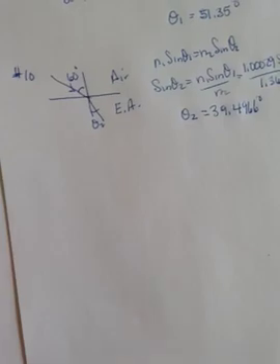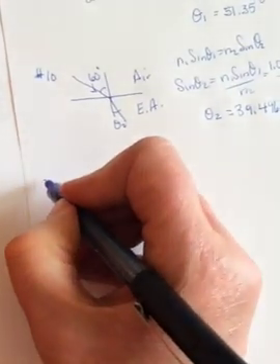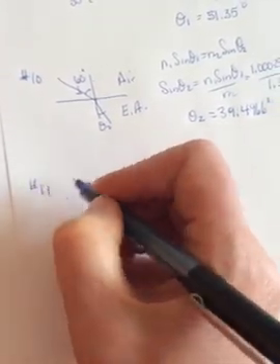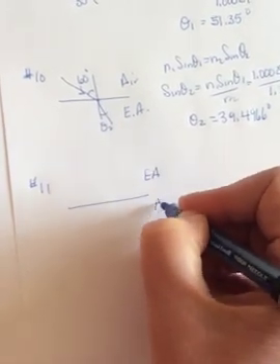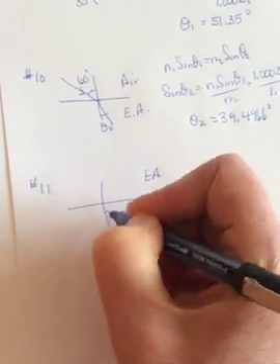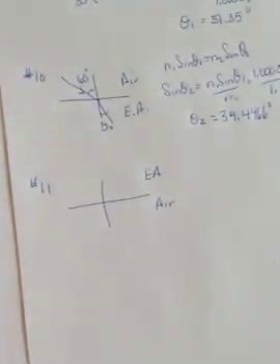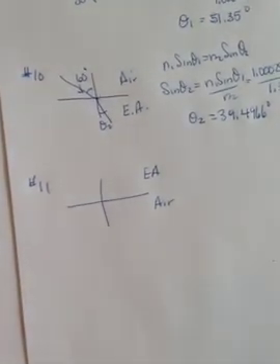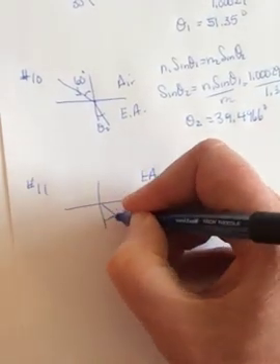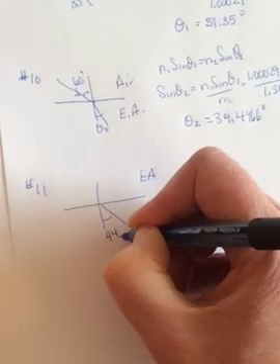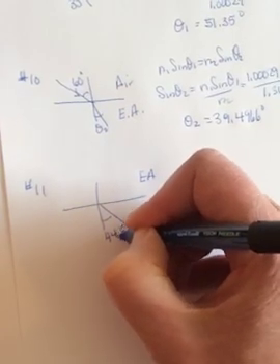Says a beam of light passing from ethyl alcohol into air. So again, same two substances, only this time it's going from the alcohol into the air. Ethyl alcohol is rubbing alcohol, just in case you were wondering. Angle of refraction is 44.5 degrees.